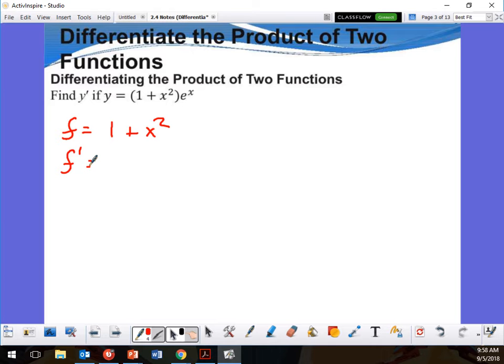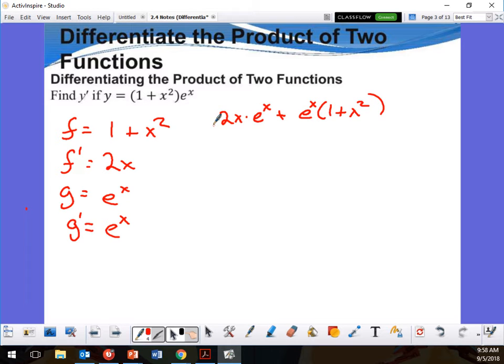And I have g is e to the x, so g prime is e to the x. All right, so if I put it together, it's going to be f prime g, so 2x times e to the x, plus g prime, which is e to the x, times f, which is 1 plus x squared.